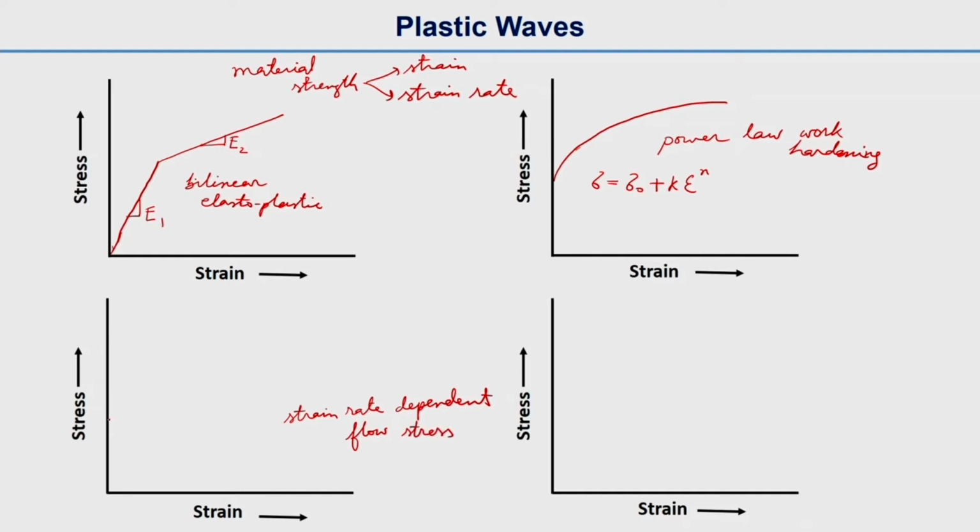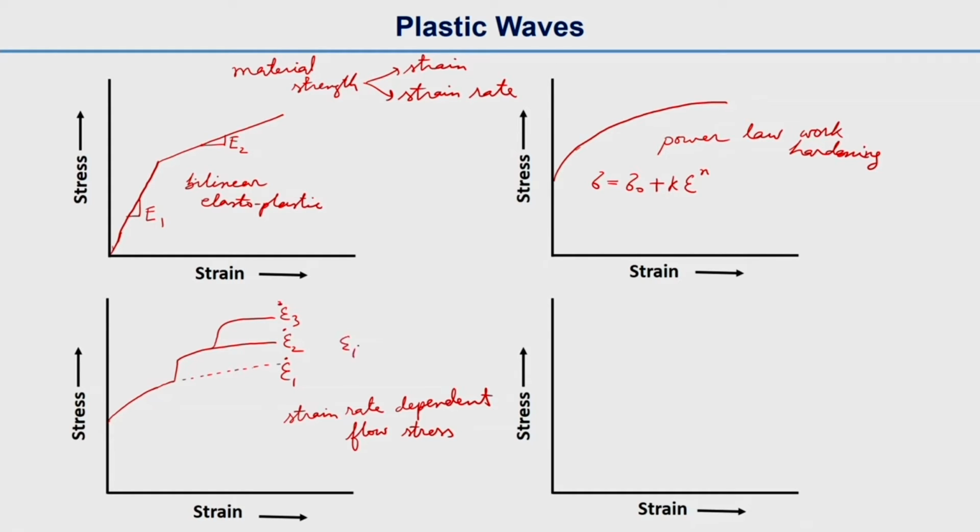Let us say you have a flow stress behavior like this at a given epsilon dot, and if we increase the strain rate, it will look like this, and if we increase the strain rate more, the stress strain curve looks like this.